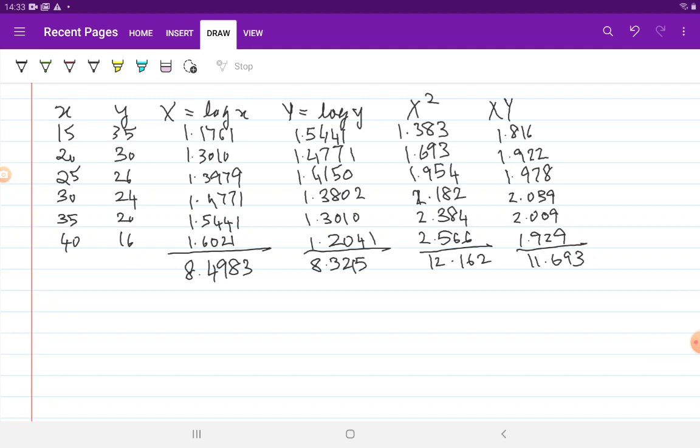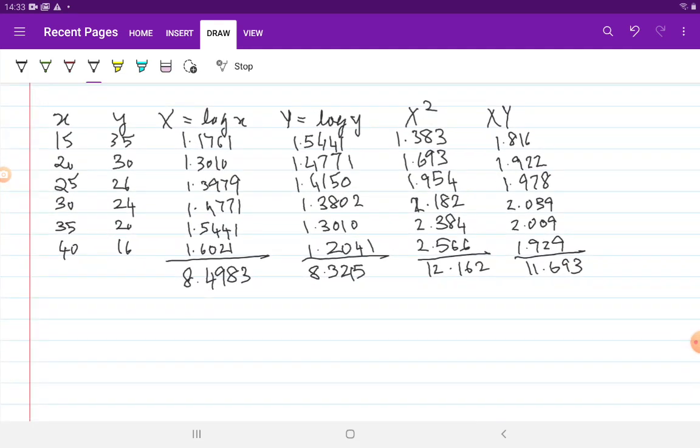Your first normal equation was summation Y is equal to n times A plus B times summation X in capital. So you've got 8.3215 is equal to n is 6, so 6A plus B times summation X. Summation X is 8.4983.